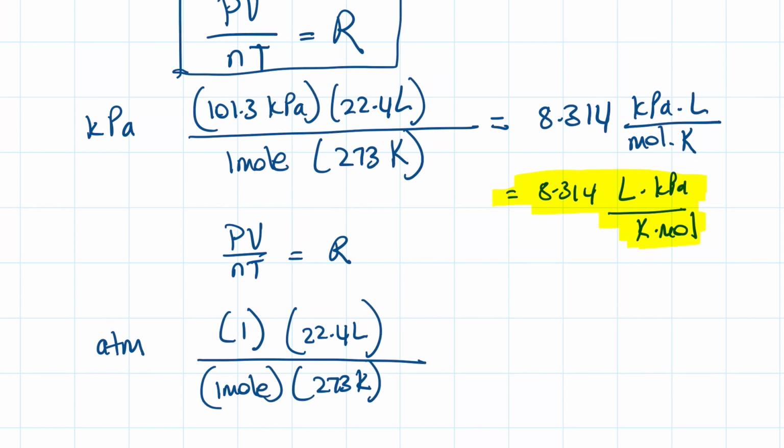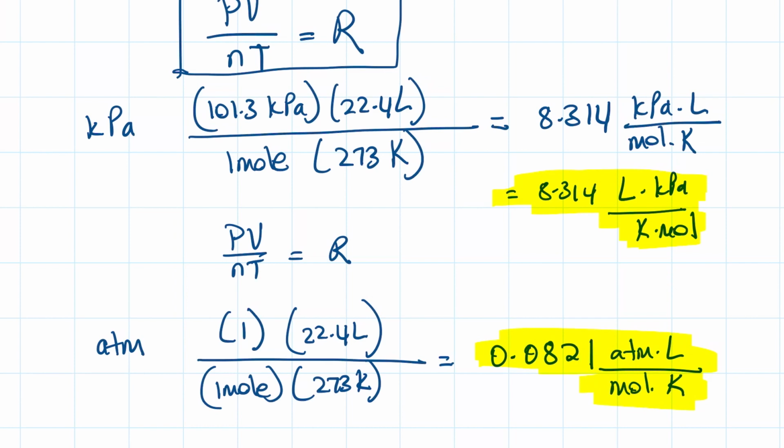So once again, I'm going to wait 5 seconds, and you pause the video and solve for R with these numbers. When you solve for R with these numbers, you should get 0.0821. What are my units? Atmospheres times liters over mole Kelvin.